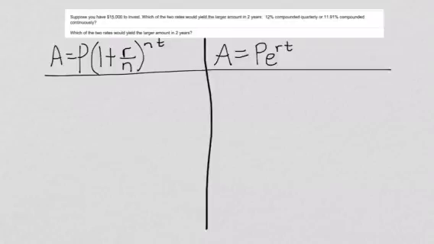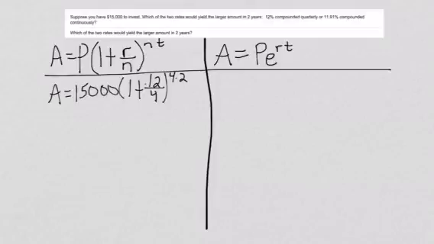So let's just plug in. My P is 15,000. 1 plus, again, r is 0.12 for the 12%. Compounded quarterly, so that's going to be 4 times, and then that's 4 times 2 for my number of years.